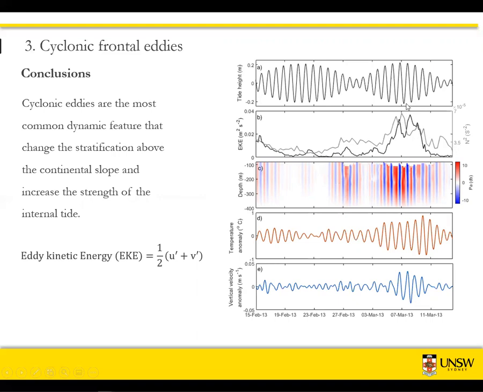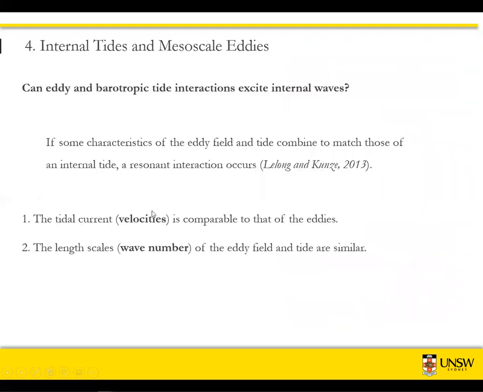So simultaneously there is an increase in stratification and spring tide, and then we have intensification of the internal tide. This is the pressure of the internal tide, temperature, and vertical velocity of the internal tide. So we can conclude that the cyclonic eddies are responsible for changing the stratification above the continental slope and increasing the strength of the internal tide.